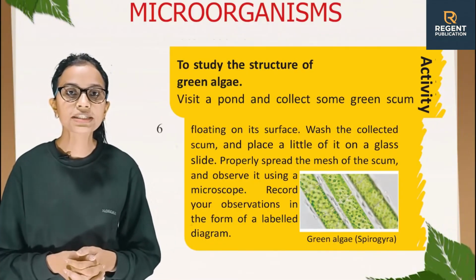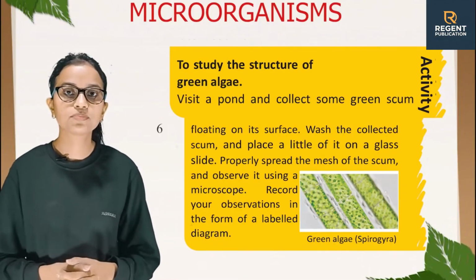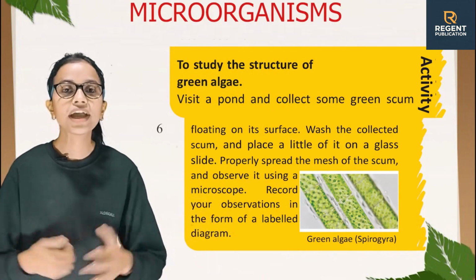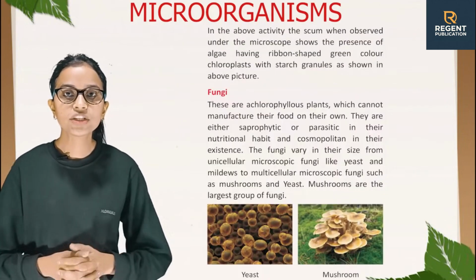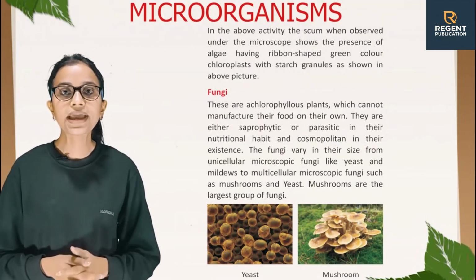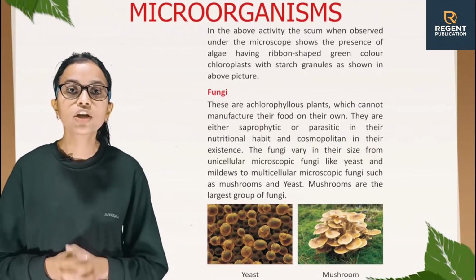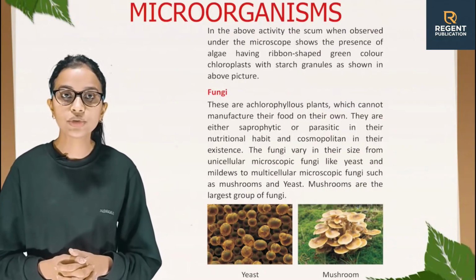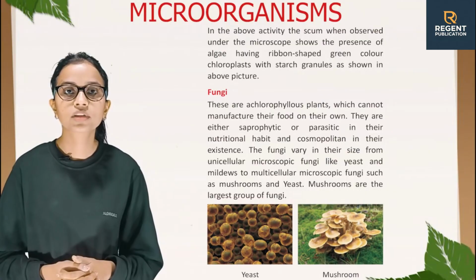Record your observations in the form of a labeled diagram. So, this is a picture of the green algae, Spirogyra. In the above activity, the scum when observed under the microscope shows the presence of algae having ribbon-shaped green chloroplast with starch granules as shown in the above picture.